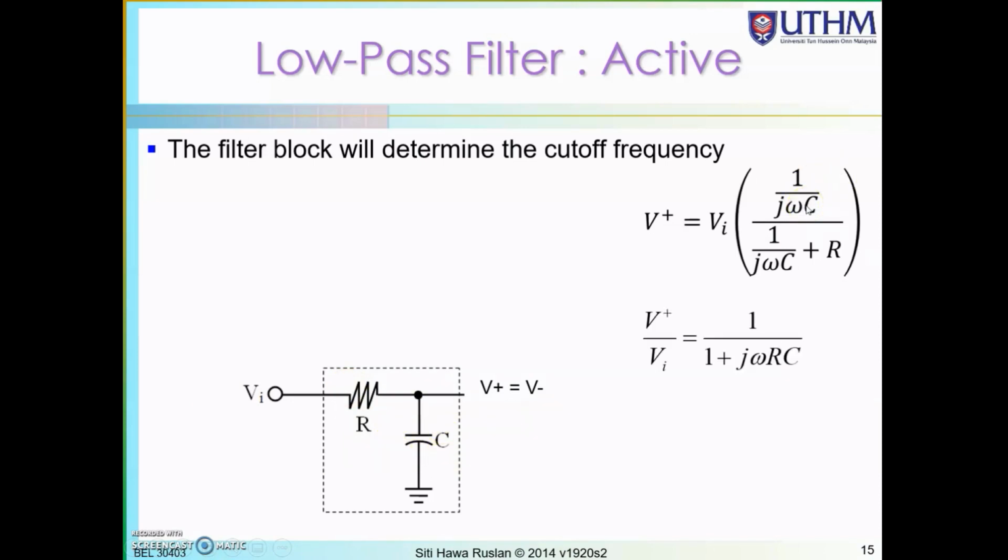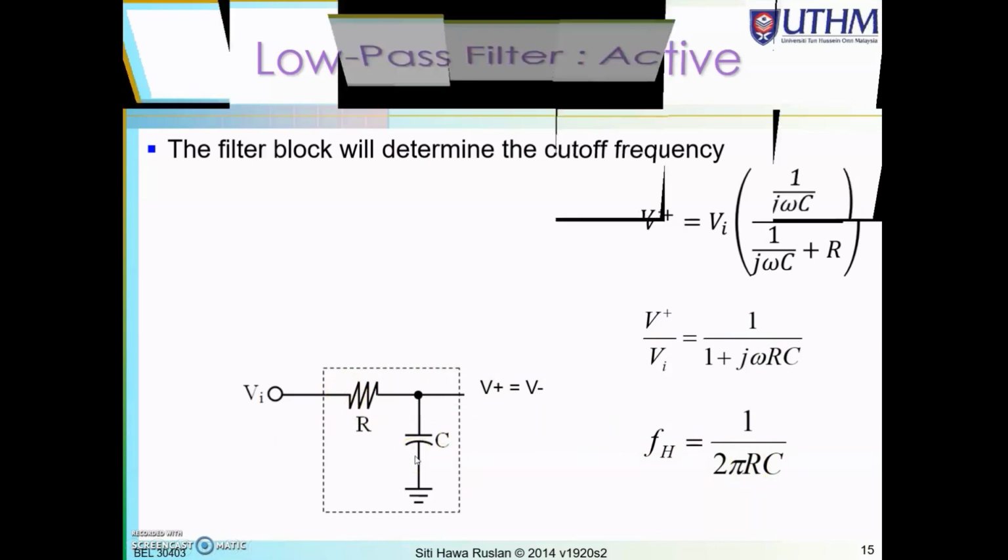Simplify the equation and define V plus over V in, and this will give you the transfer function between V in and V plus. You can get the cutoff frequency similar to the passive filter. So this RC will determine the cutoff frequency.